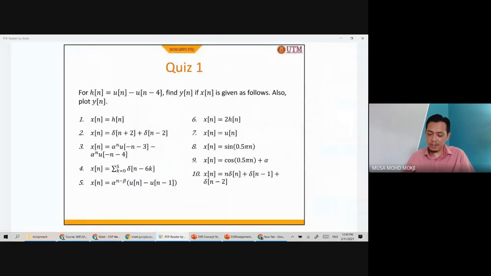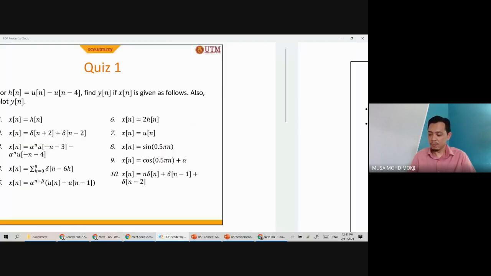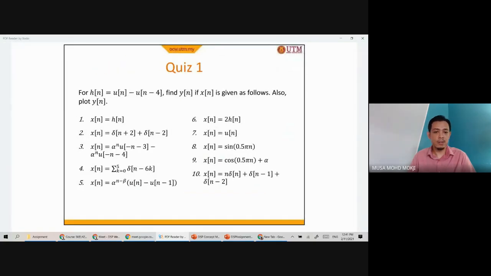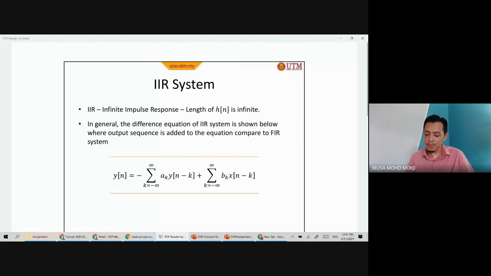And we have quiz 1, so you can do that also. You are given h[n], which is u[n-4], and then these are the x[n]. So you can try this one by one. Hopefully you can do this and do the convolution. If you don't understand anything from quiz one, you can always ask me.